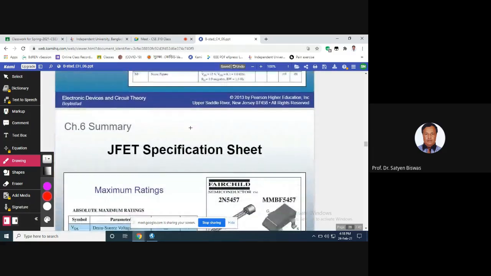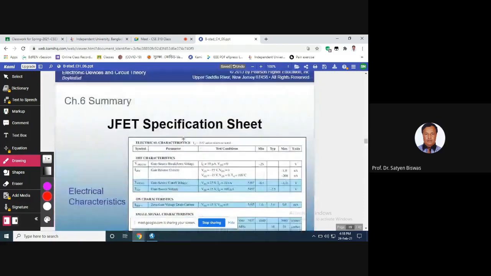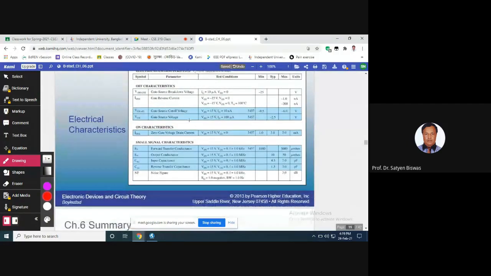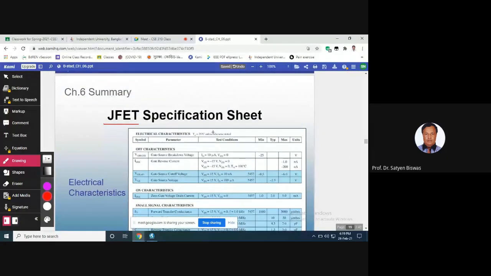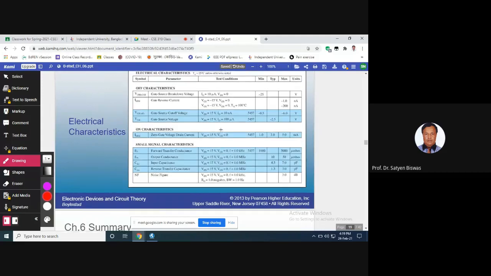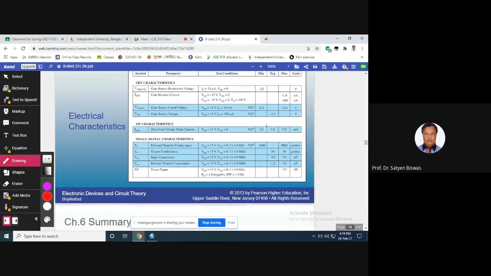And there is some summary. When you go and buy a JFET from the store, you will get this kind of sheet, this kind of specification. Sometimes we call it a white page, and there is a lot of information there: what the operating range is, the maximum current that will flow, and how much voltage it can tolerate.